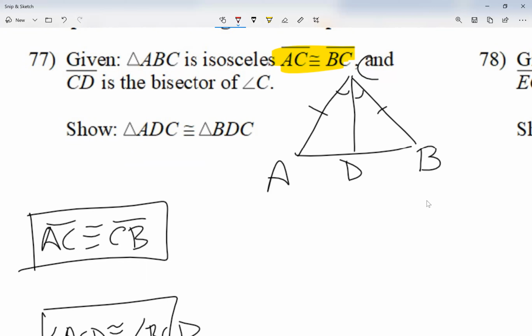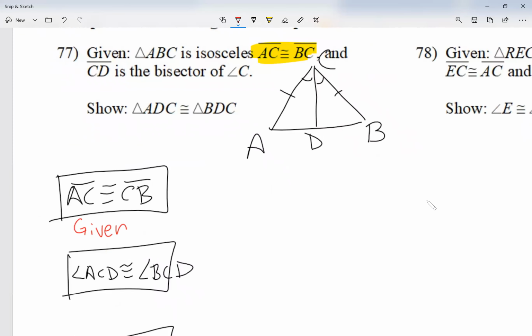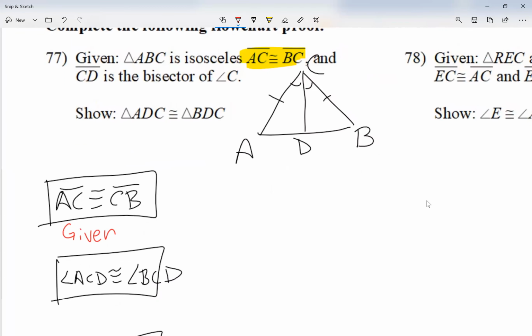The reason why I said it's true is because it was given. Now the other statement, angle ACD, which is basically this angle, let me color it in red, is congruent to angle BCD, which is this angle. Now, that statement is not quite given, because look at where it says given. Try to find that statement. You cannot find it.